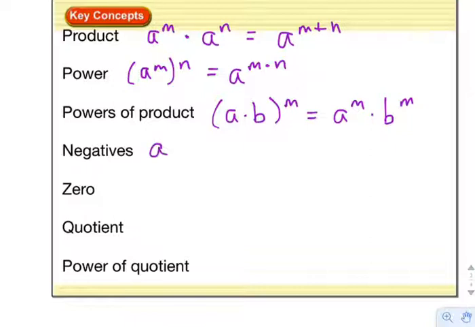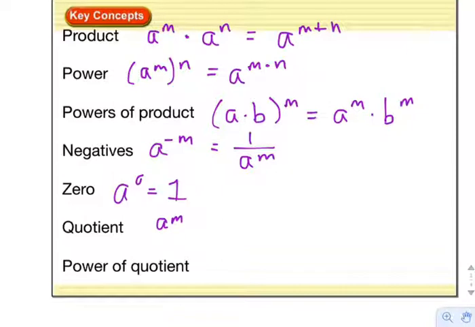Negative powers, I want to be able to flip that to a denominator or to the opposite of wherever it is, and that will make it positive. I don't want any negative powers in my examples when I'm done simplifying. I want them all to be positive. Zero power, a to the 0 is just equal to 1. Any number to the 0 power is always equal to 1.